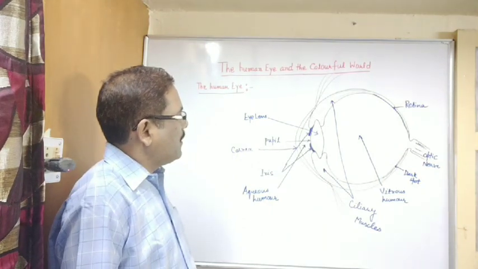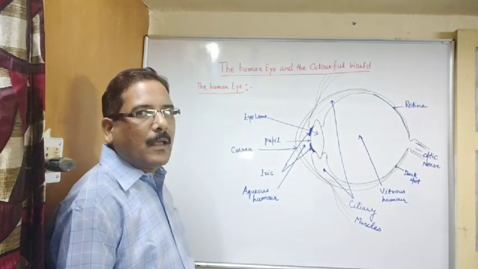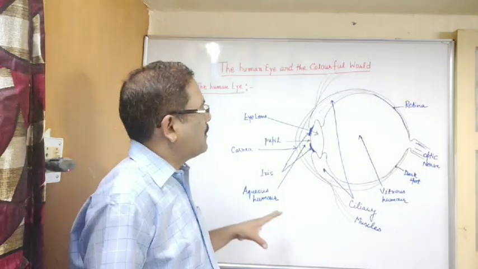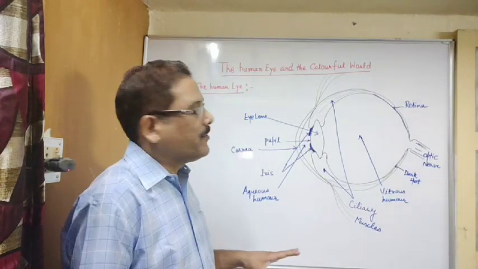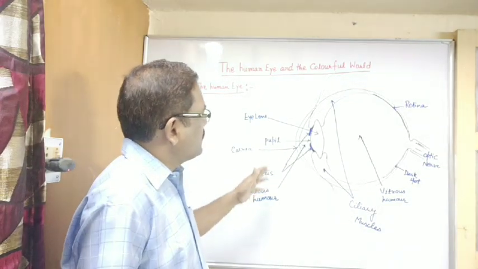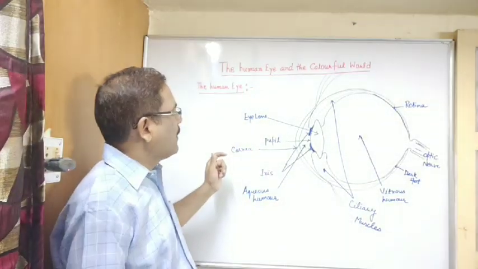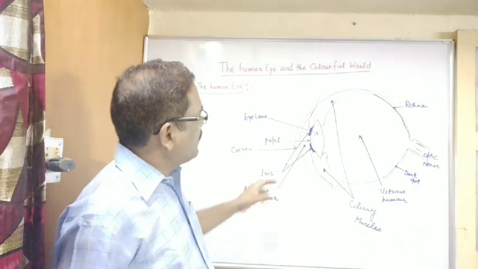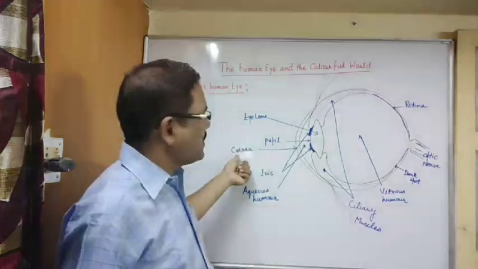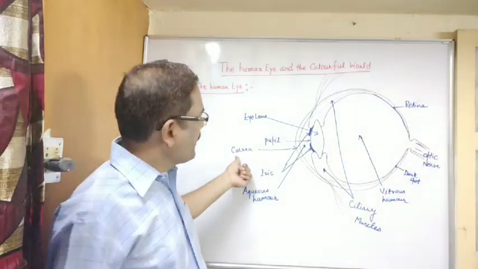First of all, look at the diagram, because if you have to write the working of the human eye and its parts, you should discuss it in this way. You will write: the outermost portion of the eye, which is bulging outwards, is known as the cornea.